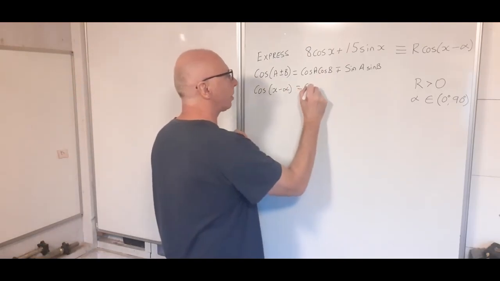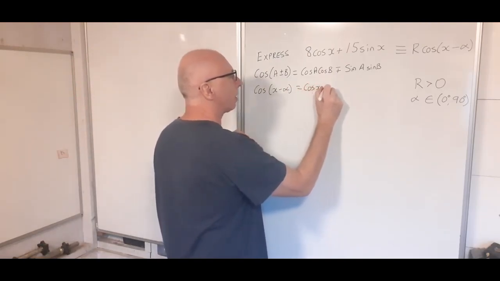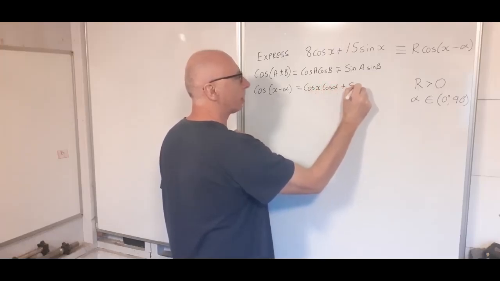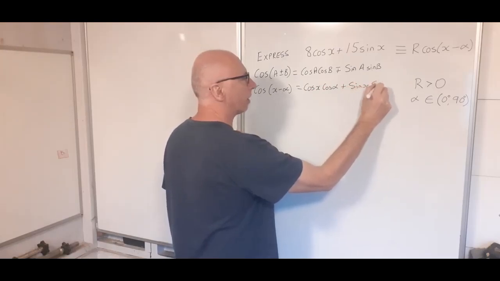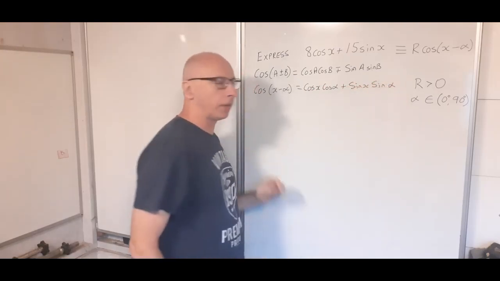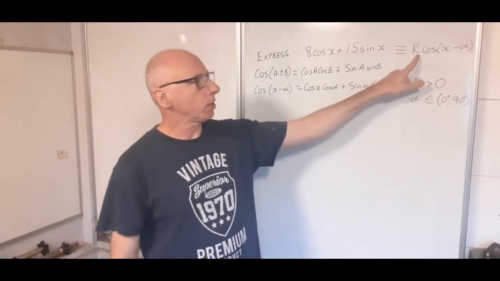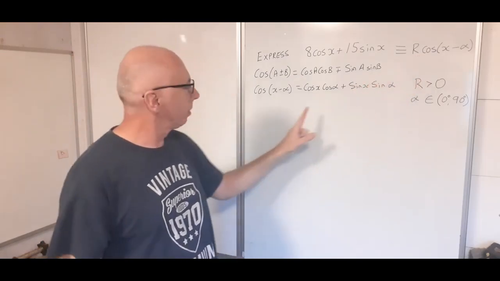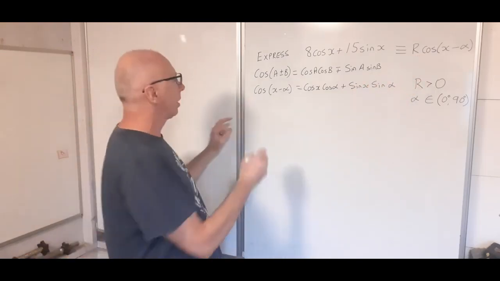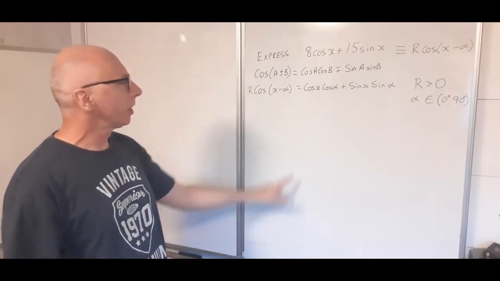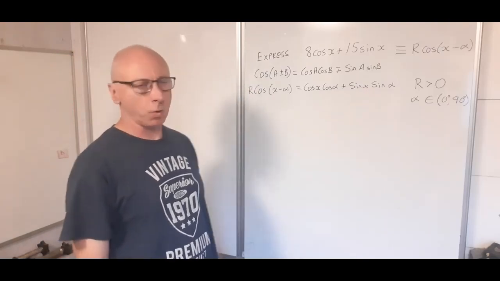So then we'll have cosine x cosine alpha, and then plus sine x sine alpha. Okay, we need the result like this with an r, so let's put an r inside here. So that's kind of what we want in the end.